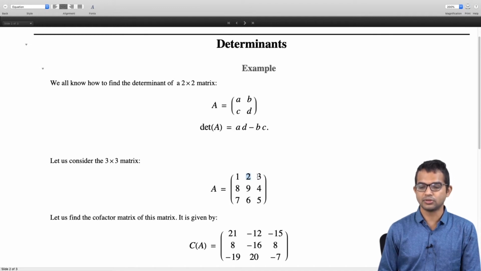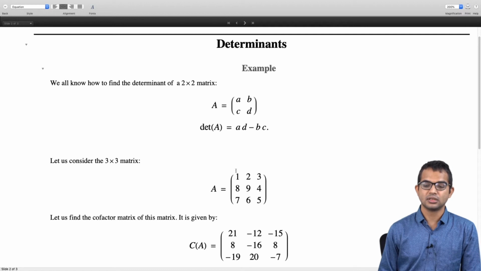You forget about this row and this column, and you are left with 8 times 5 minus 4 times 7, that is 40 minus 28, which is 12. But I have written minus 12 here. The reason it's minus 12 is because this is the first row and second column. So 1 plus 2 is 3, and you have to do minus 1 to the power 3.